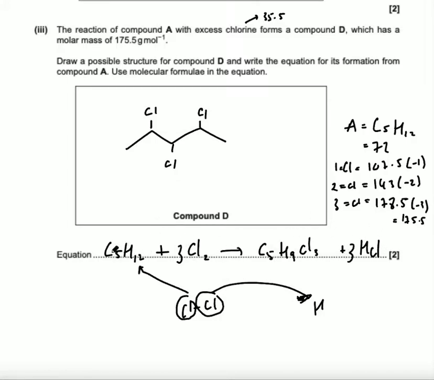So if we start, we've got carbon and carbon's both balanced. Hydrogens, we've got 12 hydrogens here, we've got 9 over here, and we need to make them equal. So if we add 3 over here, that gives us a total of 12 hydrogens. But now we have a total number of 6 chlorines, and we've got a total number of 2 chlorines over here, so we add 3 over here, and that balances out to 6.